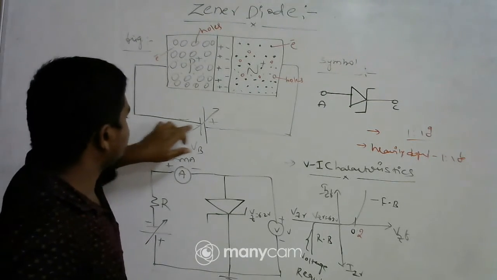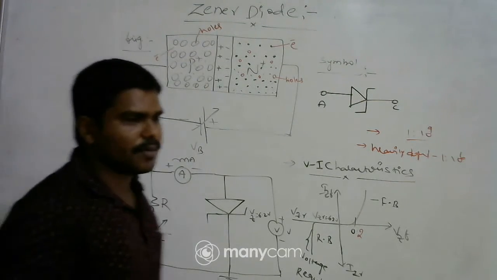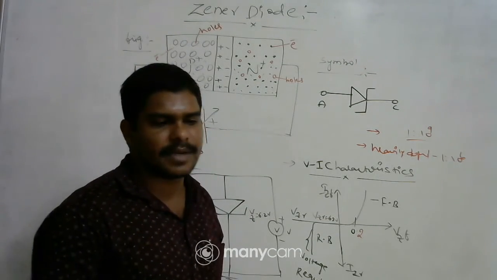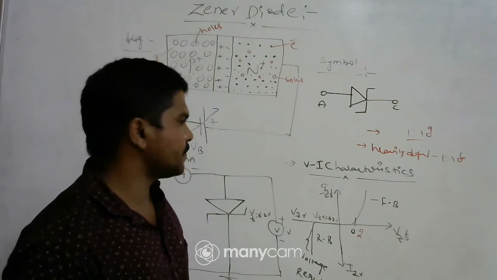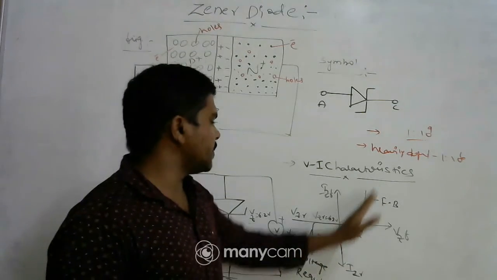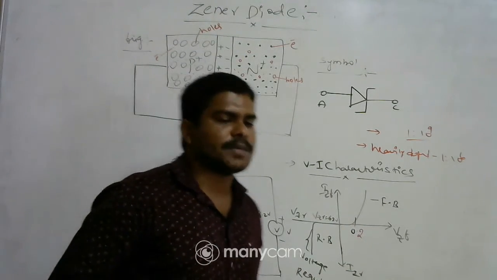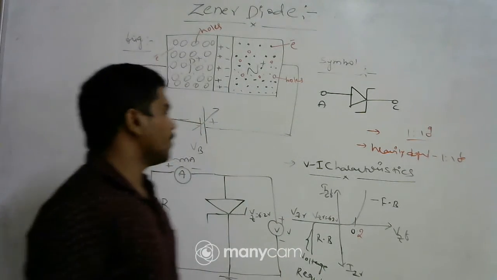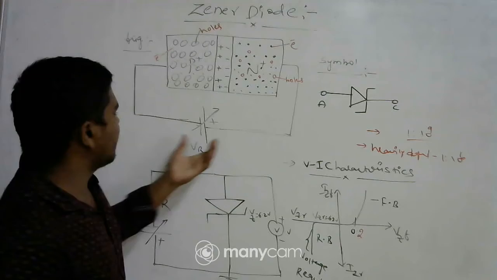We are not interested in the forward bias characteristics, because they are the same as the PN junction diode. This diode is especially meant for reverse bias, so here is the circuit arrangement in reverse bias.